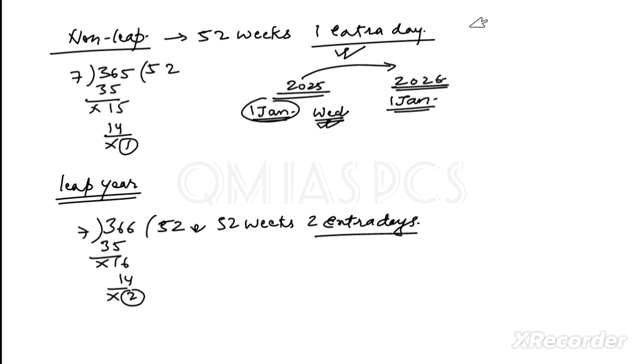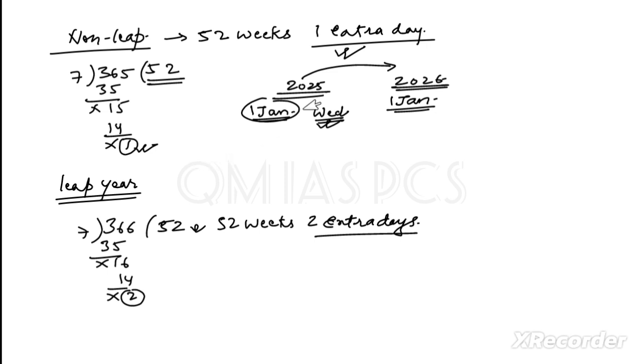We have told you that there are 52 weeks for non-leap year, and one day is extra. If 0 days are extra, if it is divisible by 7, whatever value you are getting, it is divisible by 7. That means you are getting the same day.